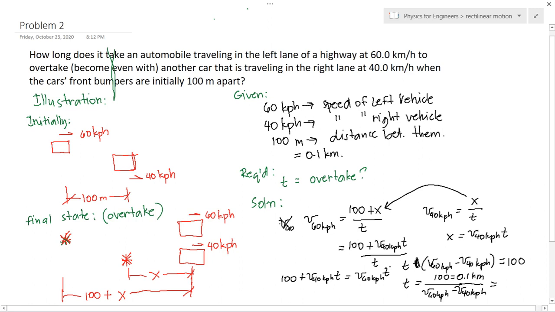Kasi kph din yung mga velocities natin sa ibaba, and then in hours. So therefore yung time natin expect na this is in hours. So we have 0.1 divided by 60 minus 40.